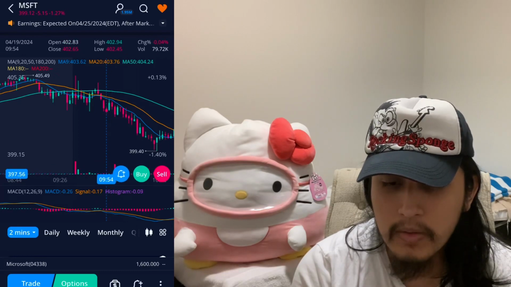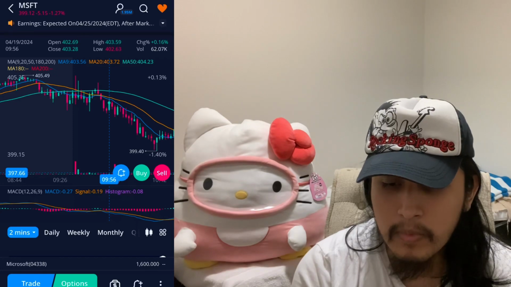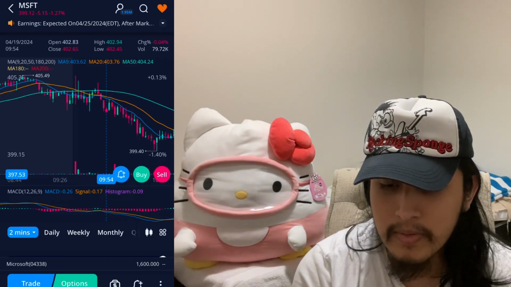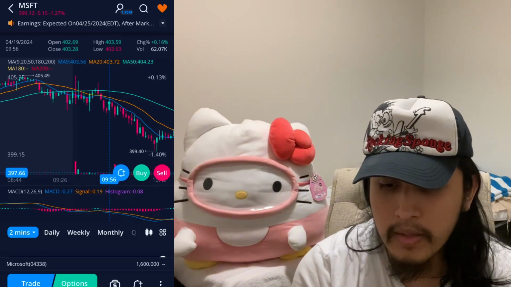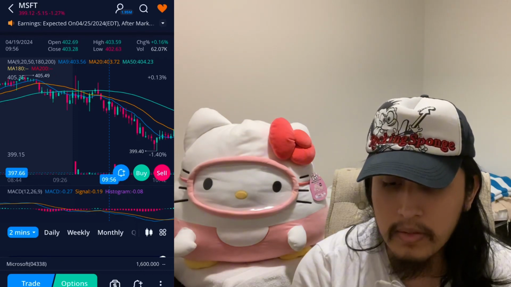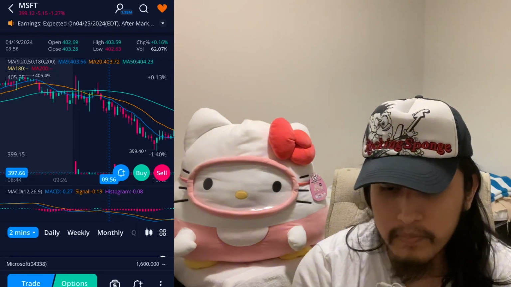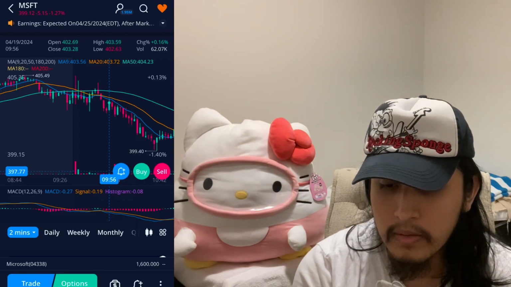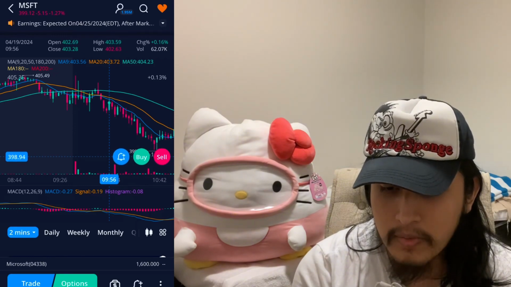At 9:56, I bought into puts because I'm very confident that this candle is going to get rejected by the 9-day moving average. And if I'm correct, hopefully it goes down to at least 402.63.